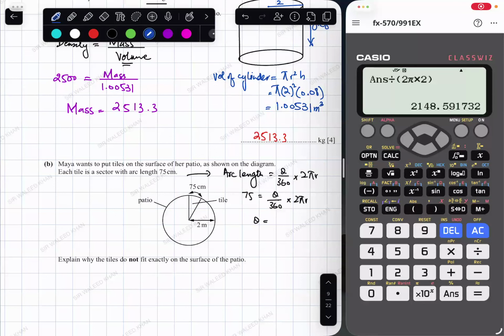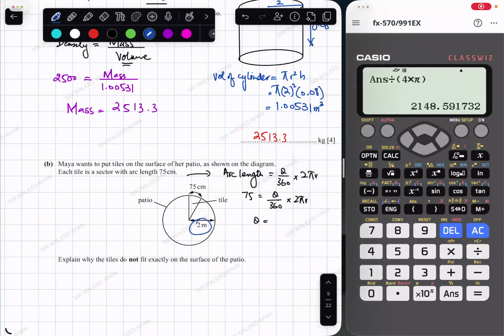Did we do something wrong over here? I guess, wait, 75. I should use the regular calculator. This gets stuck. 25, this one, divided by 4 times pi. Oh, my bad.